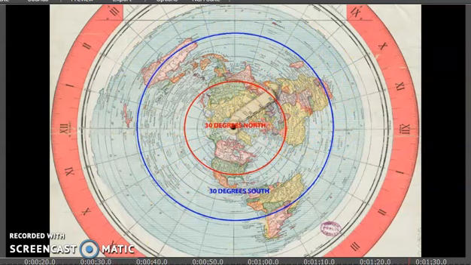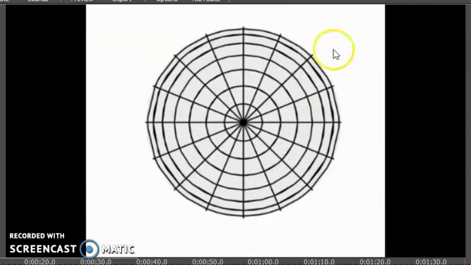And just to give you an idea of what they did, imagine that this is the northern hemisphere and this is the North Pole, and you're looking down on it, and the southern hemisphere is underneath.